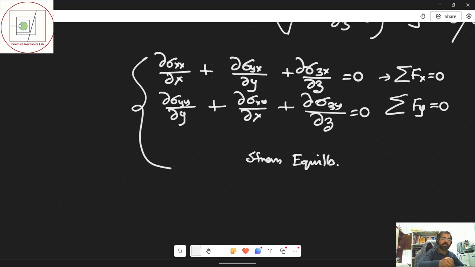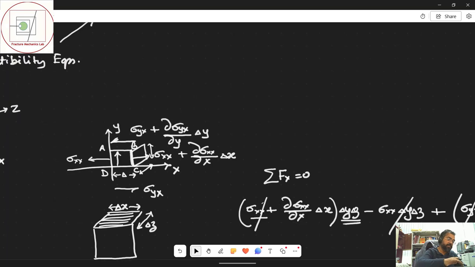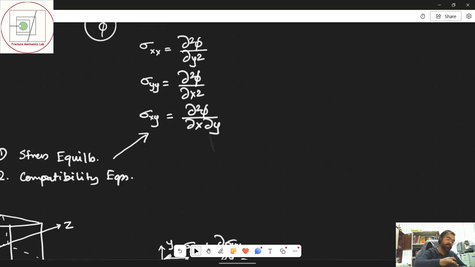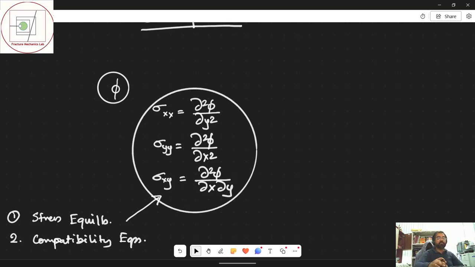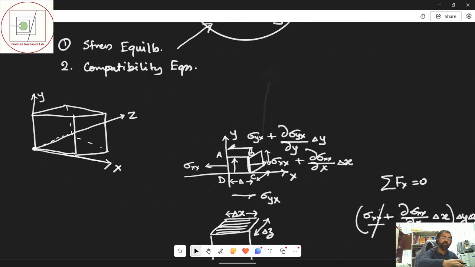This equation is already satisfied for whatever value of phi when you use this relationship of stresses with the stress function. So one condition is already satisfied. The second one is called the strain compatibility condition. This condition we will not derive because that is complicated and out of scope of this course.